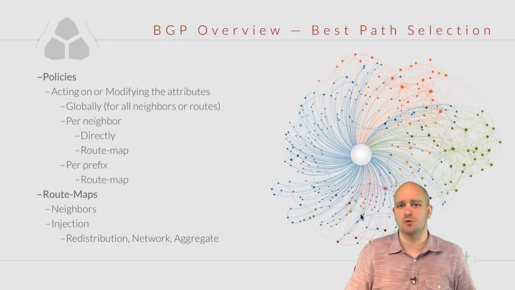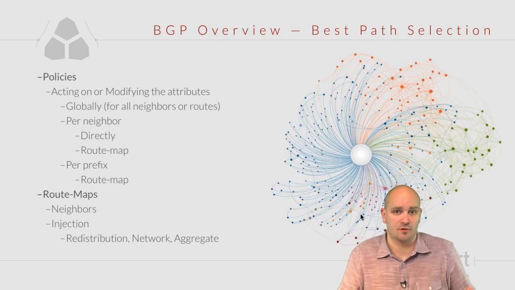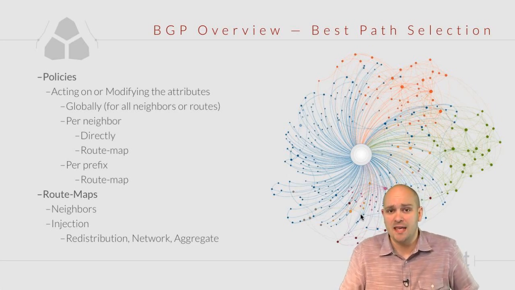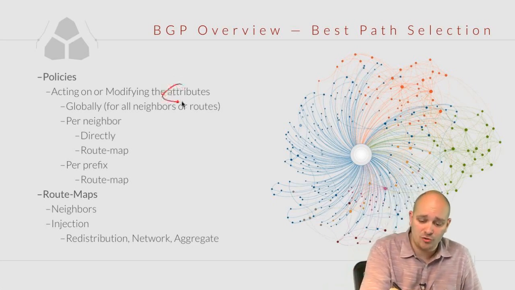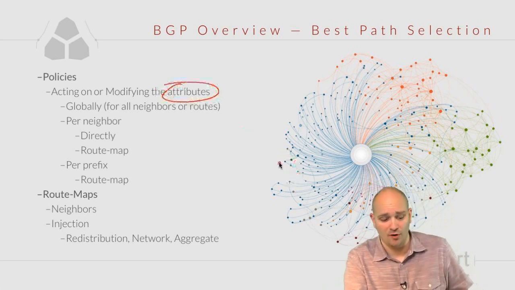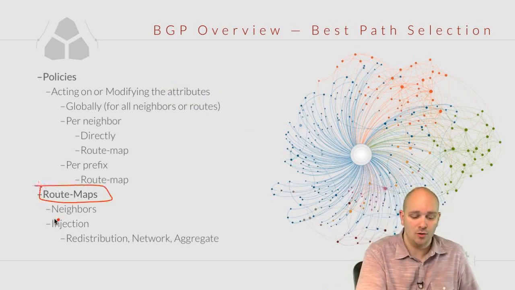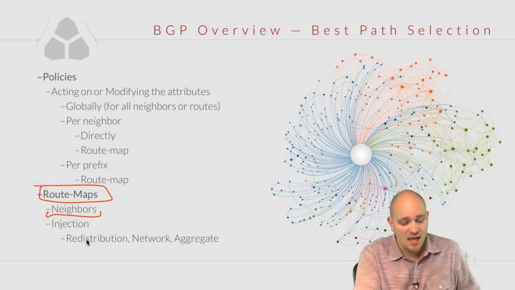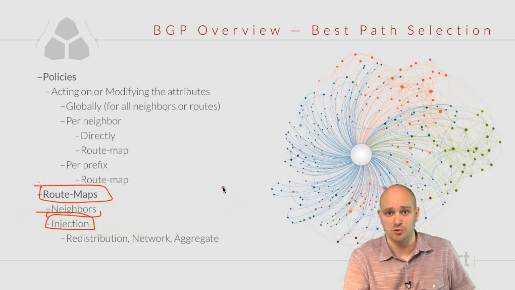The only thing is that you are not going to be acting on individual metrics, like for example the EIGRP composite metric or OSPF cost, but you are going to be acting on attributes or sets of those attributes. Route maps can be applied on particular neighbor statements, or at the injection point of those routes.